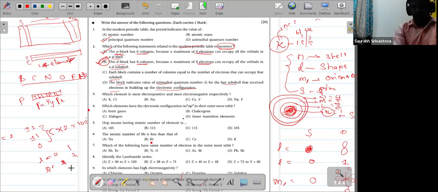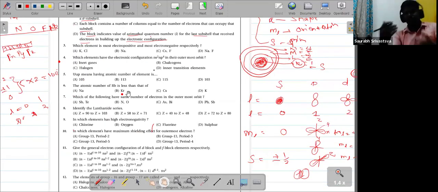If l equals 2, then it is 5. If l equals 3, then it is 7. And the imaginary G orbital has 9. So odd numbers: 1, 3, 5, 7, 9, 11, like that we should go. Okay, clear?